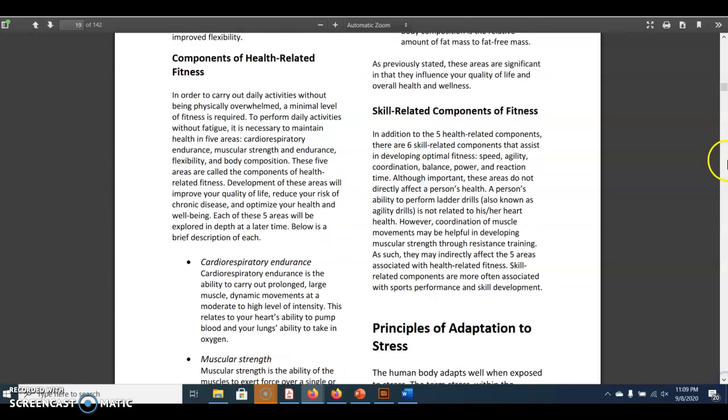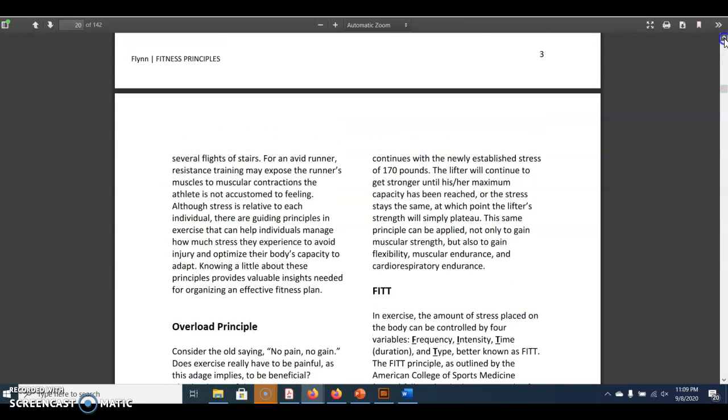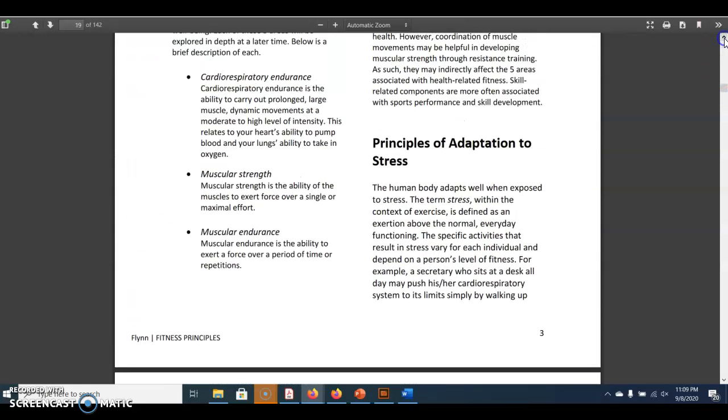So then we start to talk about the principles of adaptation to stress. So when we talk about stress, I'm sure many of you are probably thinking the stress in the world of, wow, this is really hard to be locked down, to have my testing every 2 weeks for COVID. I'm struggling with this. There's a lot of stress.